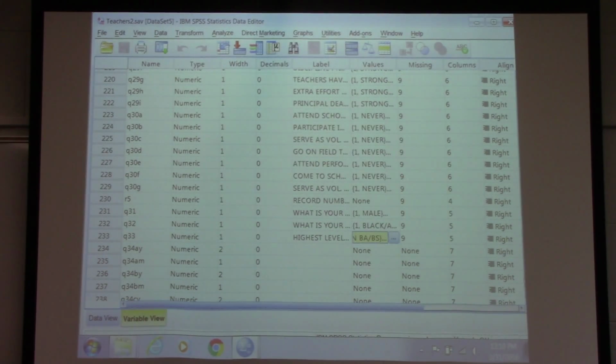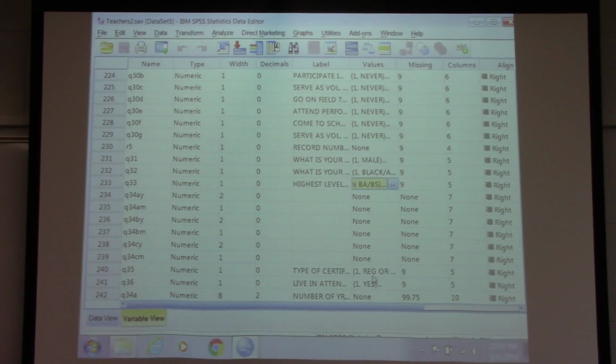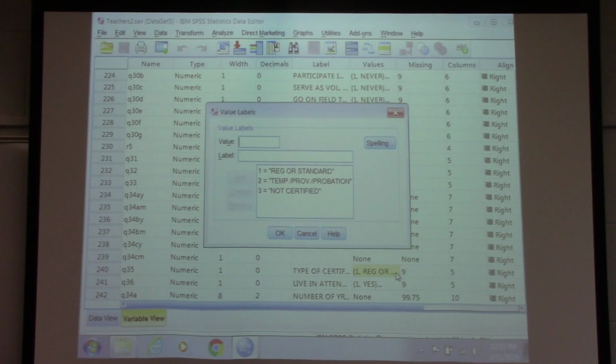So then I want to find my other variable, which was Q35, type of certification. A 1 meaning a regular certification, 2 meaning temporary, and 3 meaning not certified. So lower education levels, remember I had a negative correlation.